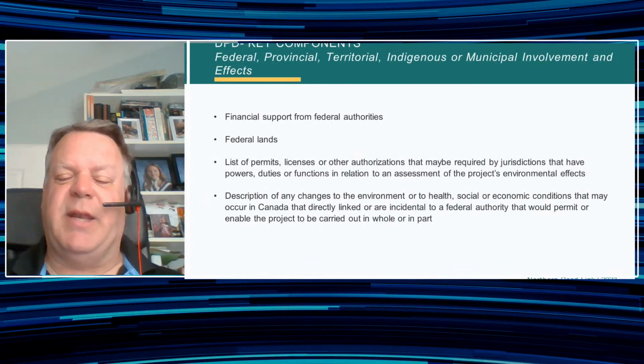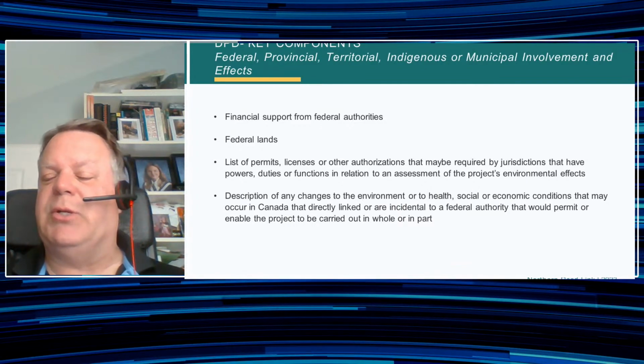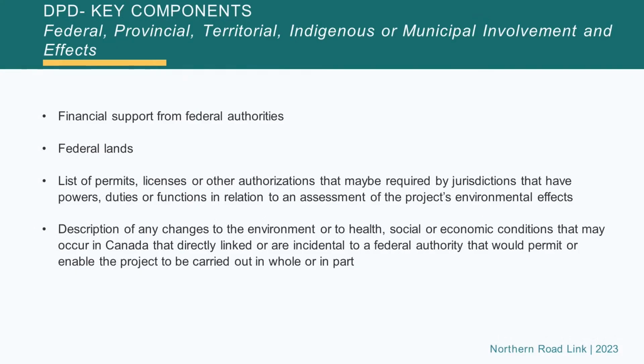So let's move on now to the next slide, which is federal, provincial, territorial, Indigenous, or municipal involvement and effects. So this might include identification of any financial support from federal authorities, identification of federal lands. Another key one is a list of permits, licenses, or other authorizations that might be required by, and it says here, jurisdictions that have powers, duties, or functions in relation to the assessment of the impact on the environment of a project.